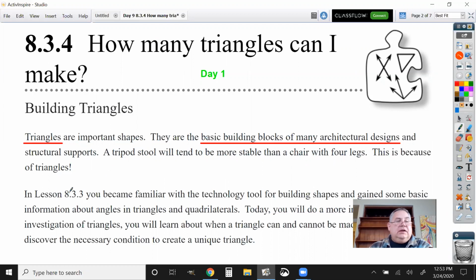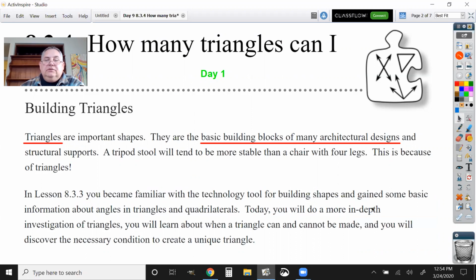Maybe. In lesson 8.3.3, you became familiar with the technology tool used for building shapes and gained some basic information about angles and triangles and quadrilaterals. Today, you will do more in-depth investigation of triangles.